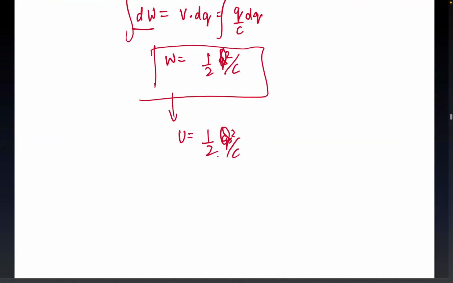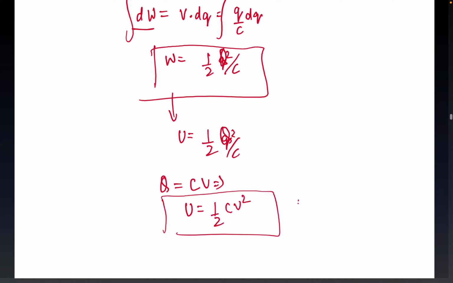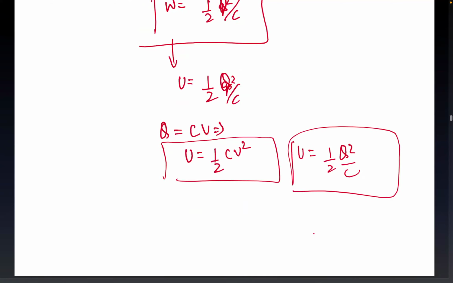Okay, it can be formed in various ways. For example, Q is equal to CV, right? If you use this formula, what are you going to get here? Half CV square. Clear? This is one formula. Another formula is 1 by 2 Q square by C. And one more formula is there, when you don't want V in the equation.